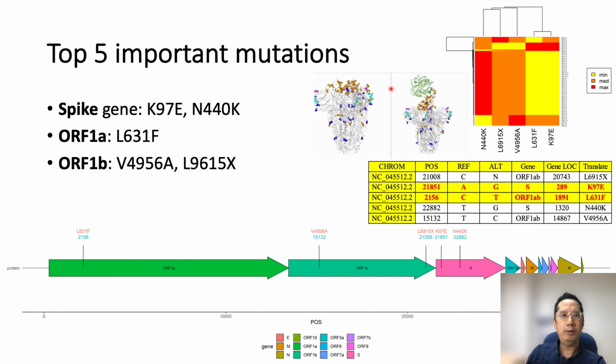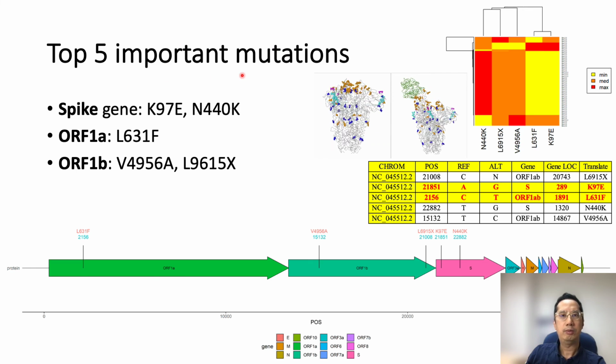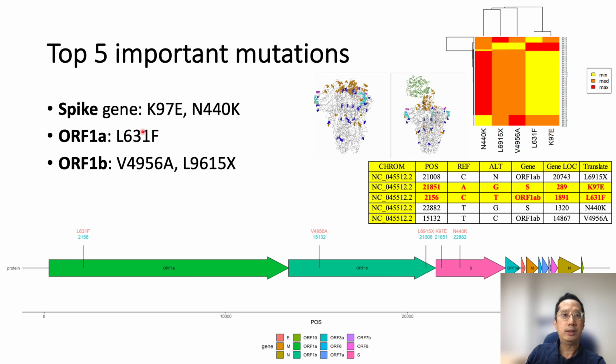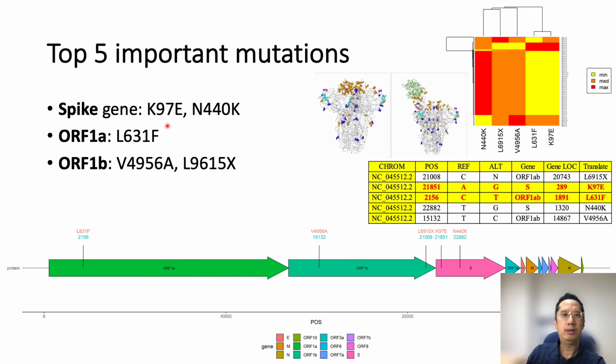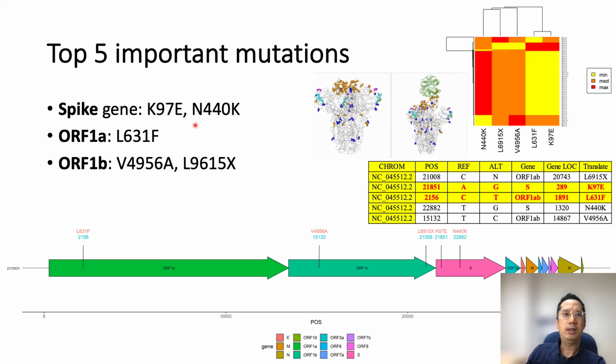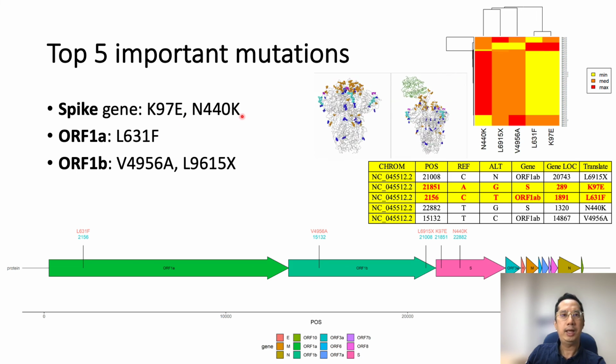So then we identified the top 5 important features from the previous feature ranking algorithm. As you can see here, again, the spike protein gene K97E, this is already transformed to the amino acid mutation site, and the N440K is an important gene in the spike gene region.